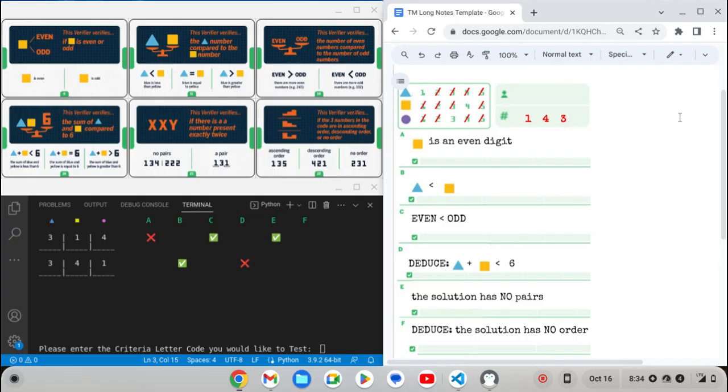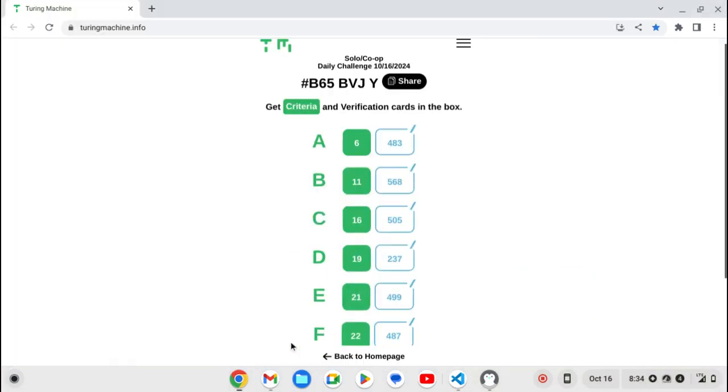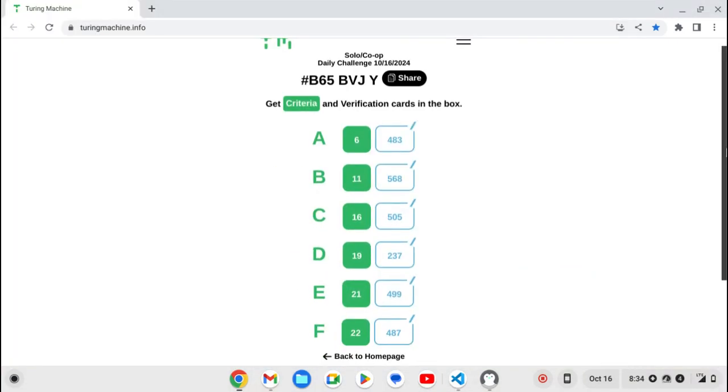The sum of the first 2 digits, is it less than 6? Yeah, 1 plus 4 is 5. That's less than 6. There are no pairs. And again, we deduced that the solution should have no order, and it has no order. Okay, well, let's go verify that our solution is 1, 4, 3.